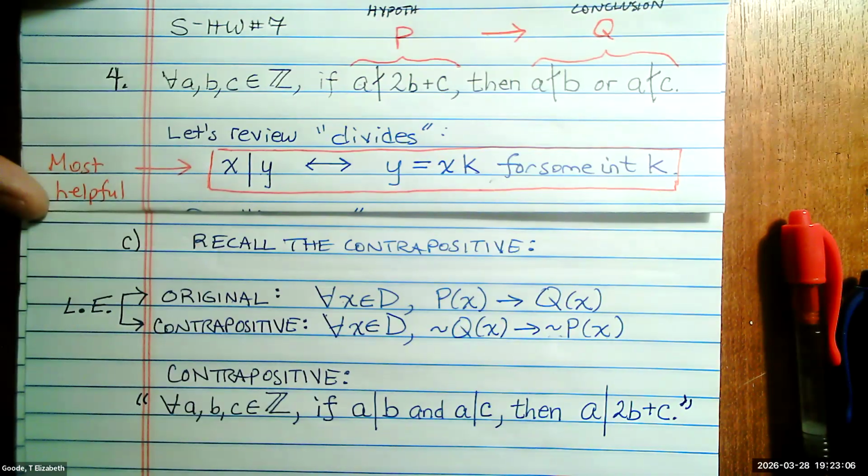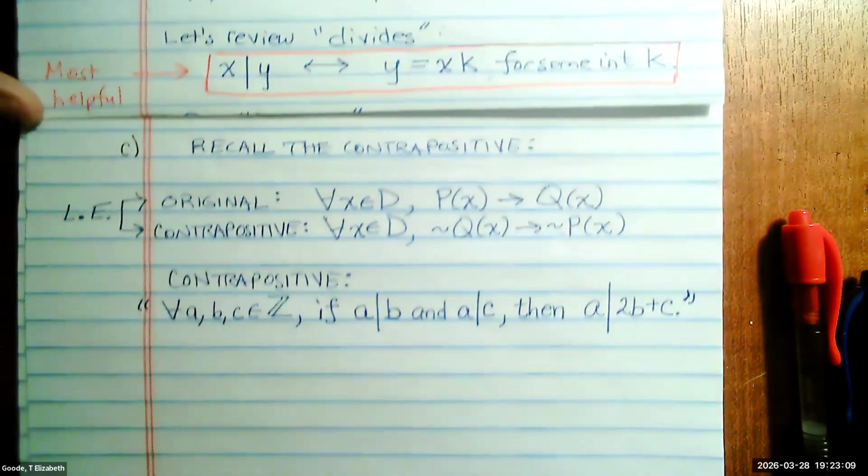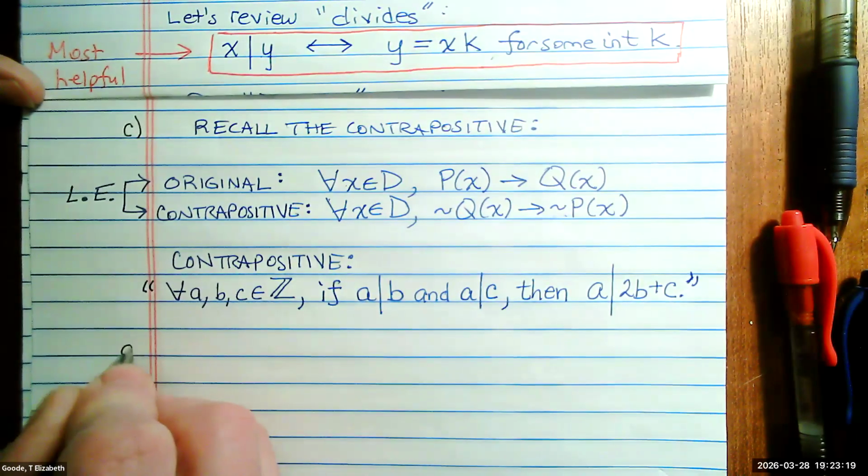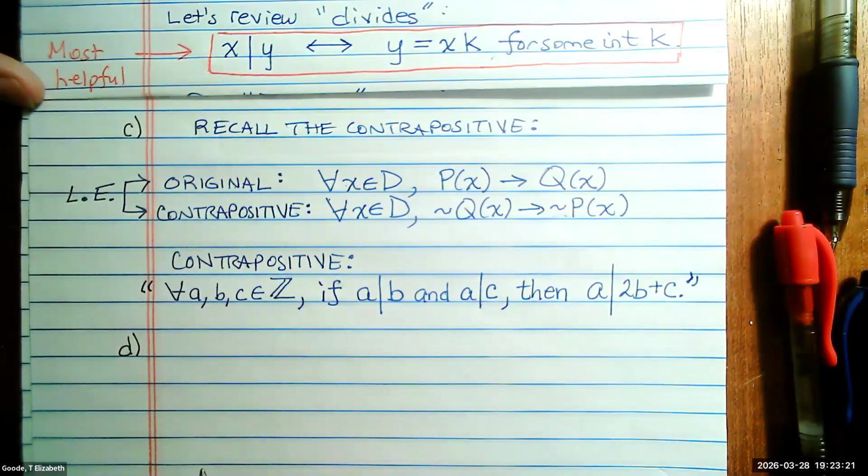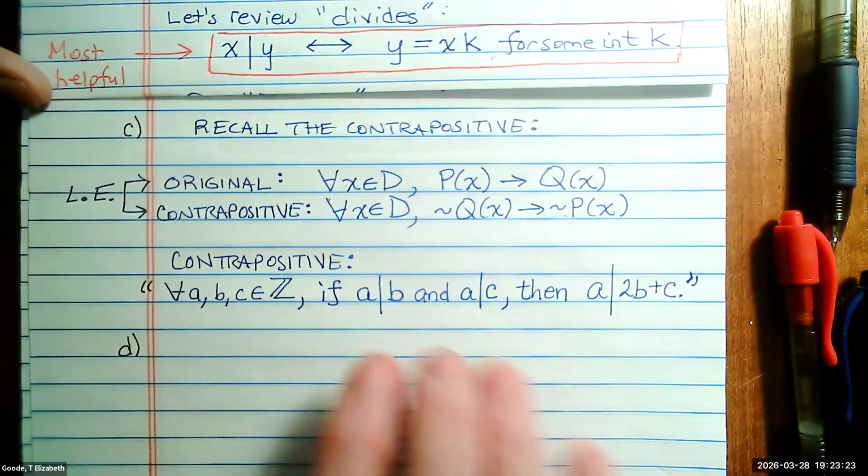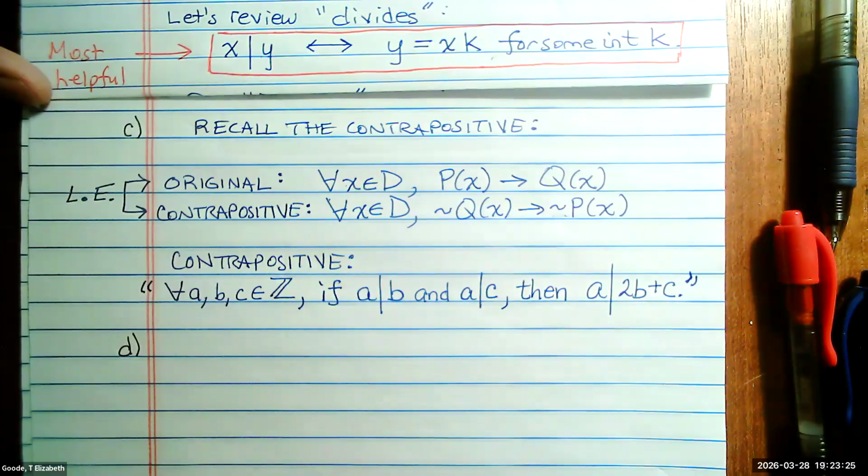What is part D? Part D: derive the hypothesis for a proof by contrapositive of the given statement. Do you remember that proof by contrapositive is simply a direct proof of the contrapositive?